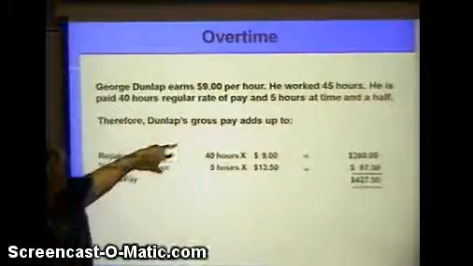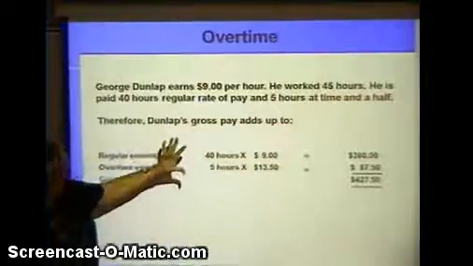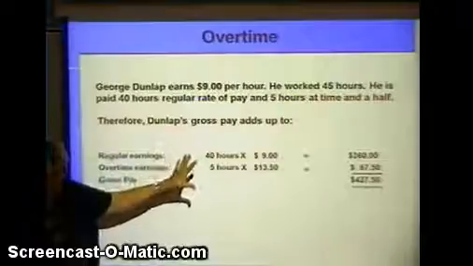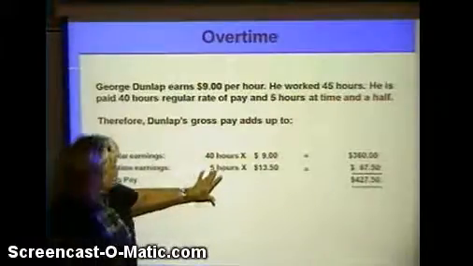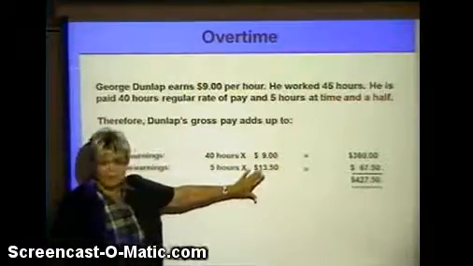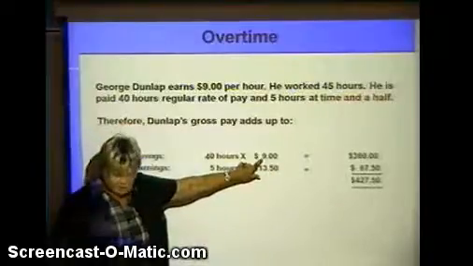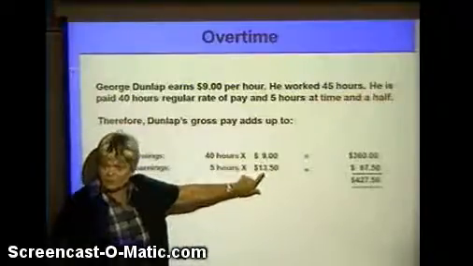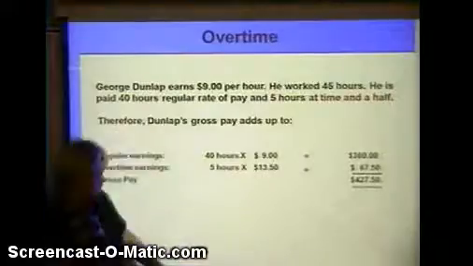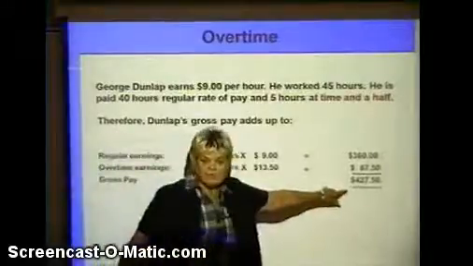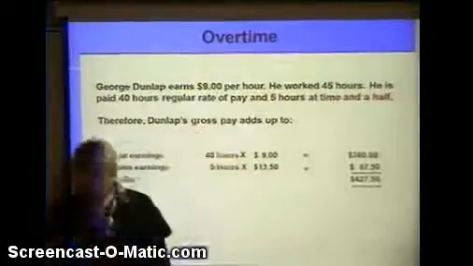Then anything he makes over that, and he had how many? 5 hours over the 40. So 5 hours over the 40 gets paid more. It gets paid $9 plus 1/2 of $9, $13.50 for those 5 hours. Okay. So then you come up with how much his gross pay is, or hers.